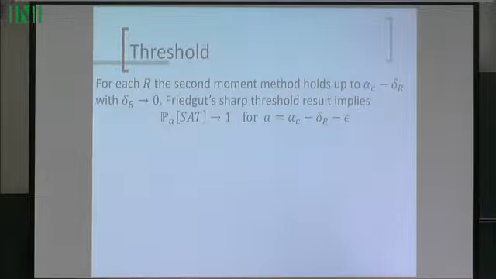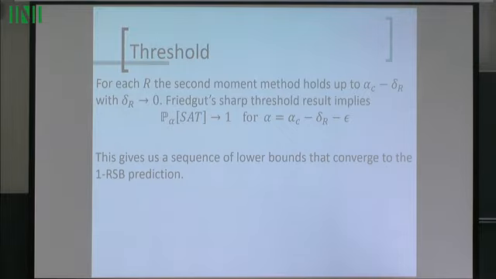But Friedgut's result says that if at some density you have a positive probability of having a solution, then if you look at anything slightly smaller, the probability of having a solution will tend to 1, because that probability has a sharp threshold. So altogether this gives a sequence of lower bounds which converge to the right 1RSB lower bound.